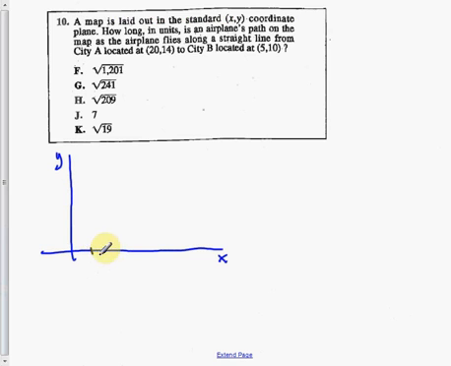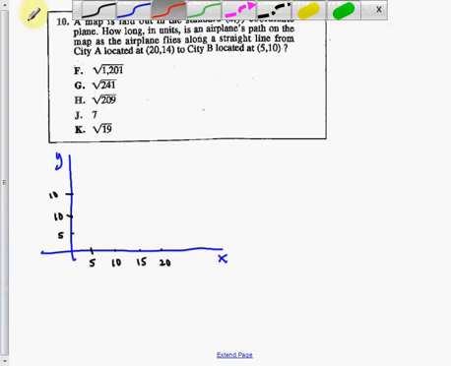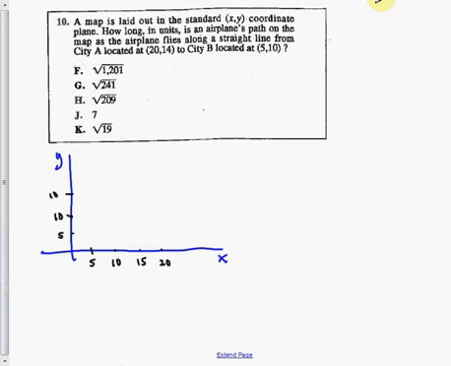Let's say 5, 10, 15, 20. Say 5 units there. 10. Say 15 there. So now let's see if we can label these points. So 20, 14, go over on the x 20, go up. Oh, that's 15. I meant to put a 15 there.